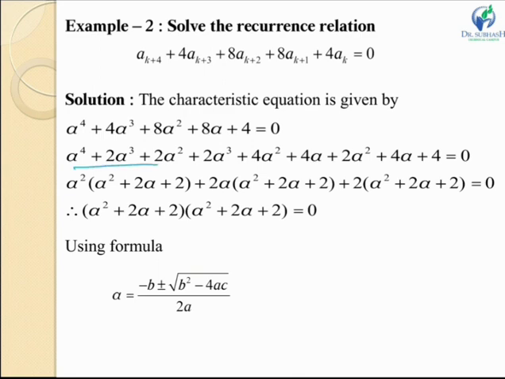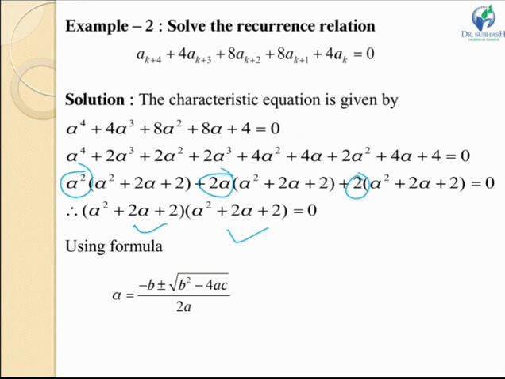Again, from the first three terms I will take alpha square common. From the next three terms I am taking 2 alpha common, and from the last three terms I am taking 2 common. Now again from this whole equation I am taking alpha square plus 2 alpha plus 2 common. So I am left with alpha square plus 2 alpha plus 2. Again this is 2 times.